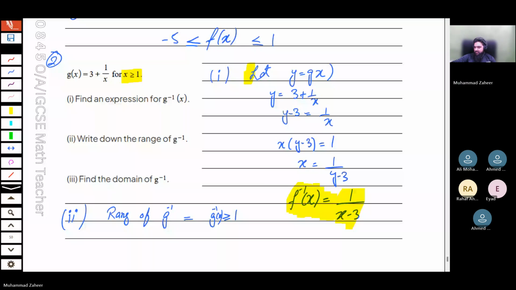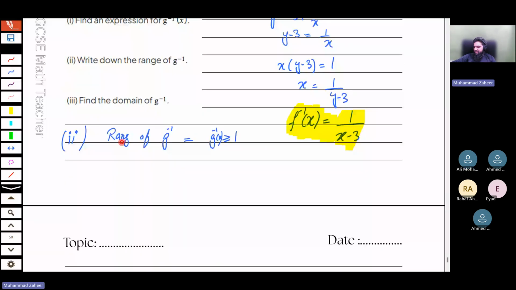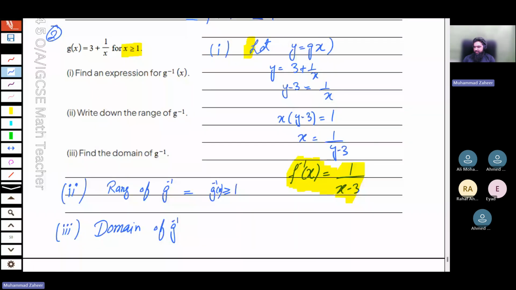Now, in the next part, we have to find the domain of g inverse of x. What is the domain of g inverse?